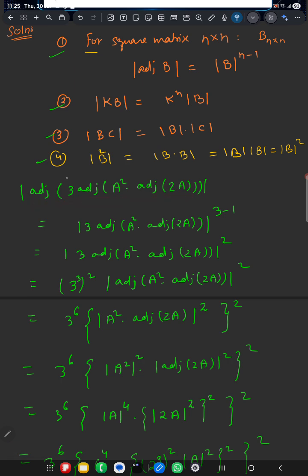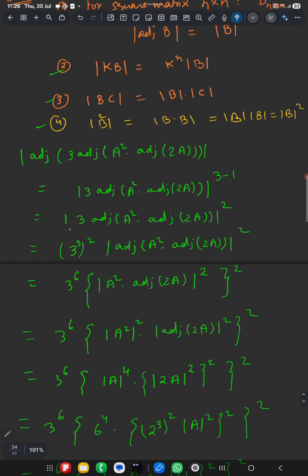First of all, I have solved this part, the adjoint of some matrix. What will that be? The adjoint of some matrix will be the determinant of the matrix power 3 minus 1, because here the order is 3. Then I have solved this 3 minus 1 with power 2.